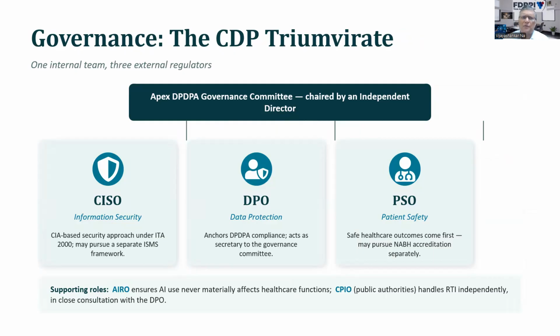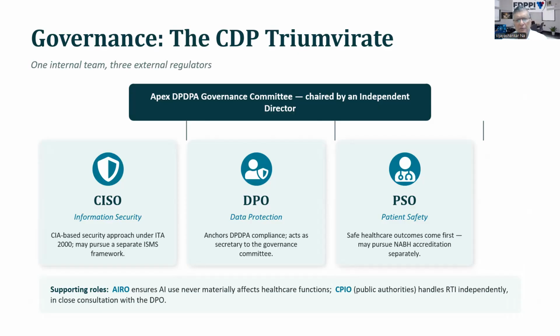So therefore, in terms of governance, we felt the necessity that the control which law gives to the data protection officer as the sole representative who represents an organization for DPDPA compliance needs some kind of internal governance adjustments. So therefore, we felt that an organization needs to create what we have called a DPO triumvirate. That is the DPO, the CISO and the PSO.